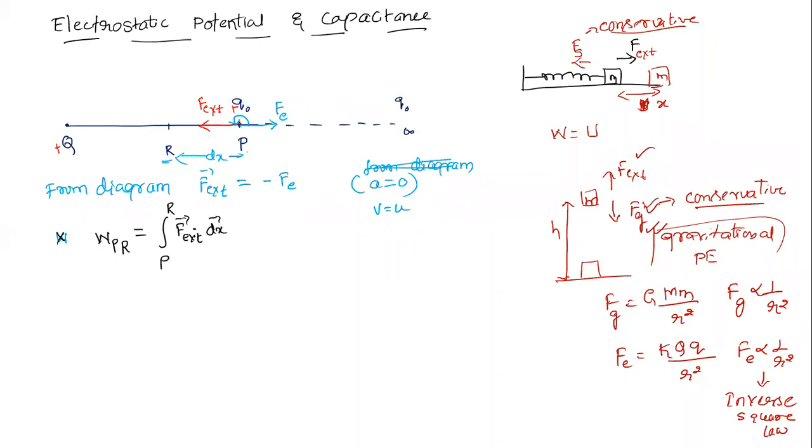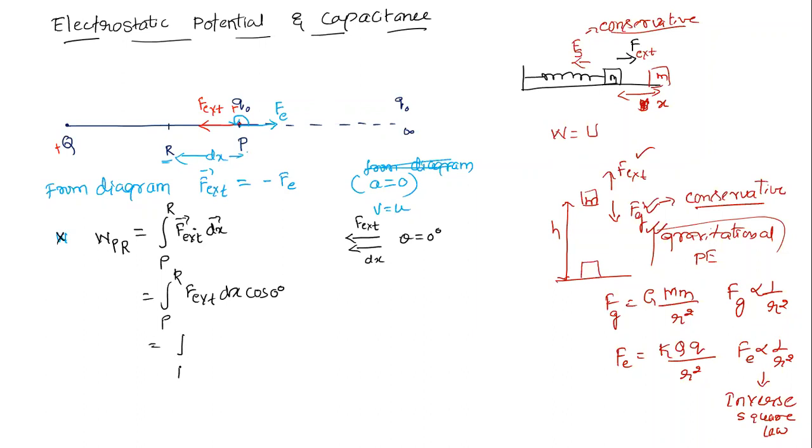Work done is given by force and displacement. What is the angle between the displacement and the external force? The external force acts in this direction and the displacement is in the same direction, so theta is 0 degrees. So it becomes the integration from P to R of F external into dx into cos 0 degree.